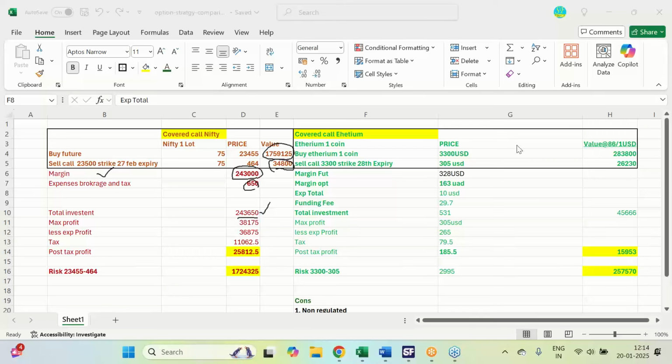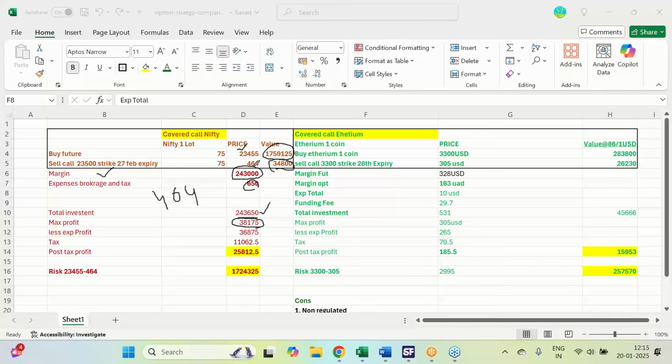After I initiate this trade, if Nifty maintains above 23,455 till 27th February, meaning it never falls below my buying entry, then this theta, this 464, will become 0. So my maximum profit here is 38,175.